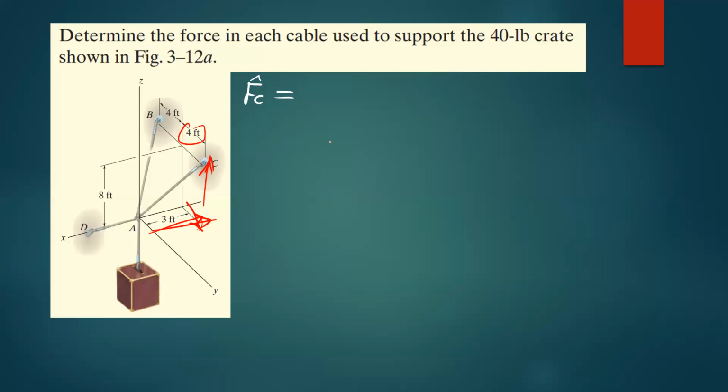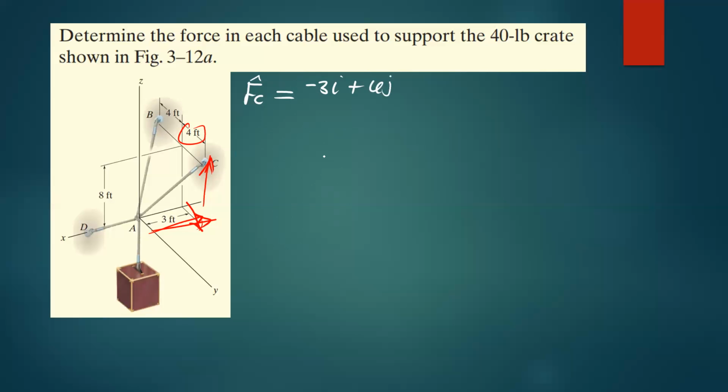So let's quickly put that in. In the X, we said it's 3, but because it's going towards the negative X, we put negative 3i. In the Y, it's 4 and it's going towards the positive, so we put positive 4j.